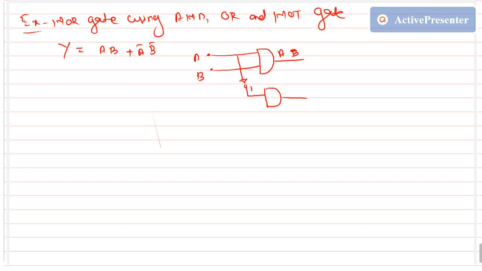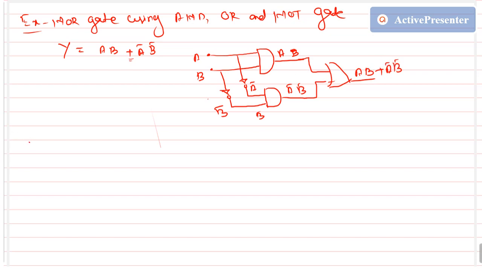If I connect a NOT gate here, I will get A bar, and if I connect another NOT here, I will get B bar, and I will connect them. So here it is A bar B bar. Now this is a plus operation, so these are added, so I have to make an OR gate here. This will give me AB plus A bar B bar. So that is the final output.